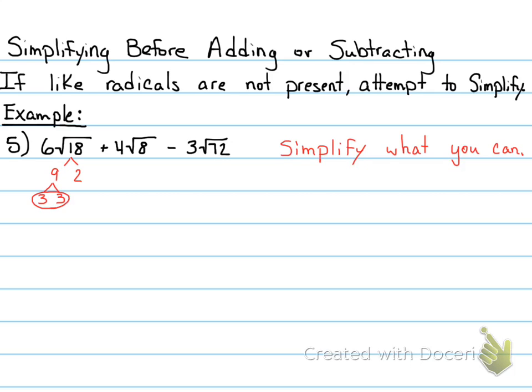So in this case it's the 3's. What gets circled, so the pairs, gets brought out in front of the radical. If there's already a number there, you multiply them together. So since I'm bringing the 3's out, I already had a 6 there. So 3 times 6 would be 18. And then what's not circled or broken down gets put back underneath the radical. So it'd be 18 square roots of 2.